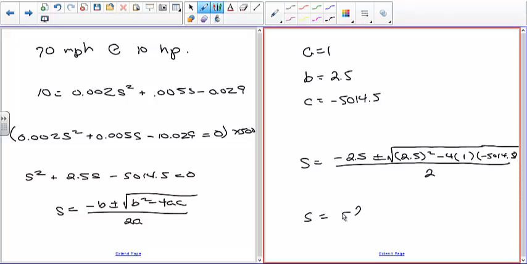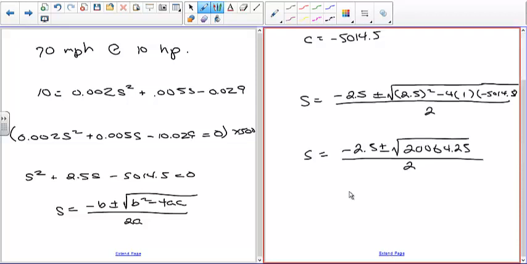So we'll get negative 2.5 plus or minus the square root of 2.5 squared, minus 4 times 1 times negative 5,014.5. That's the square root of about 20,000, which is about 141.65.